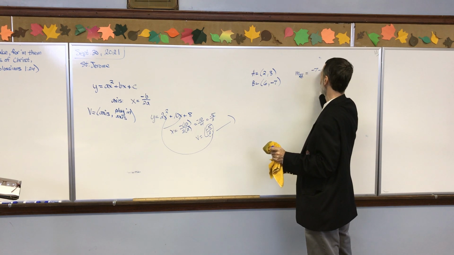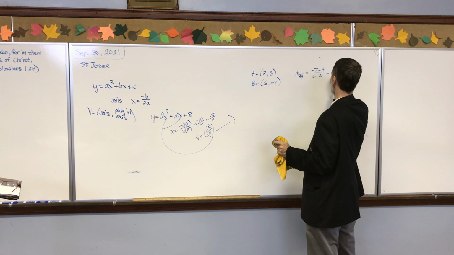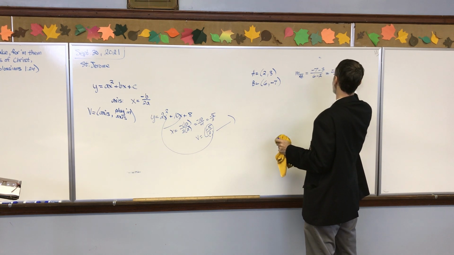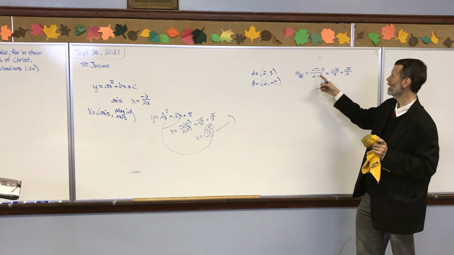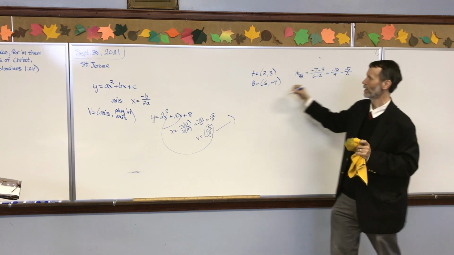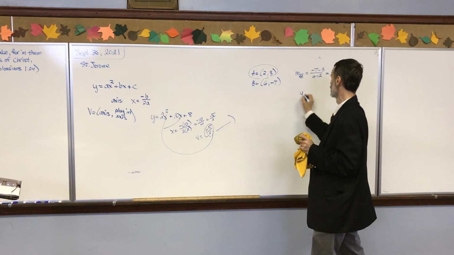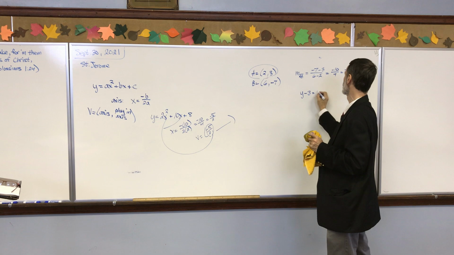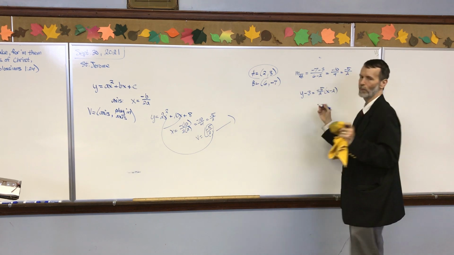So it's negative 7 minus 3 over 6 minus 2, negative 10 over 4, which is negative 5 halves. All I really need to make a line is a slope and a point. And you can pick whichever point you want. I like this one. So it's y minus 3 equals negative 5 halves, parentheses x minus 2. So that's the point slope form method.